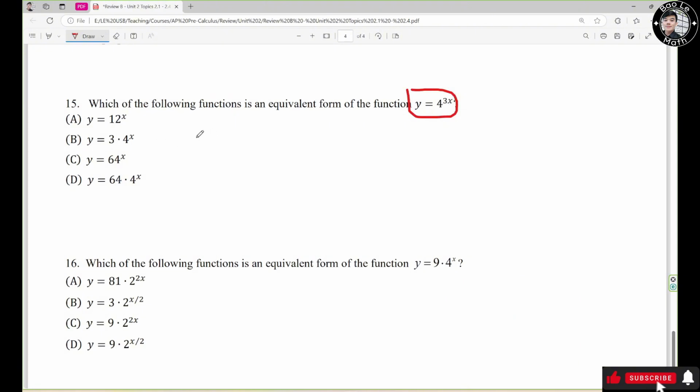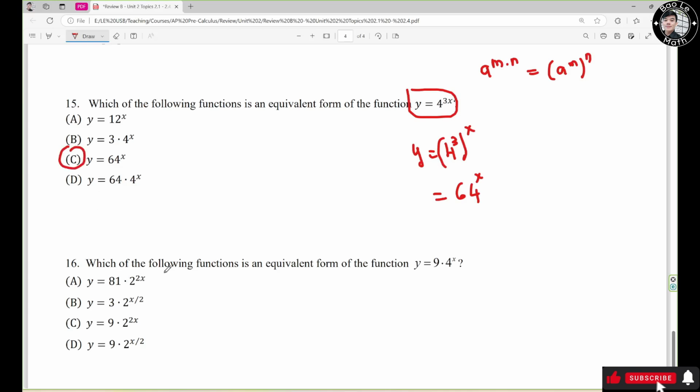I have y equals 4 raised to the 3s, so I just write y equals 4 raised to the third, and then raised to the s like that. Remember, you learned from Algebra 1, a raised to the m times n can be written as a raised to the m all together raised to the n. Now, 4 raised to the third is going to be 64. So 64 raised to the s, the answer must be C.